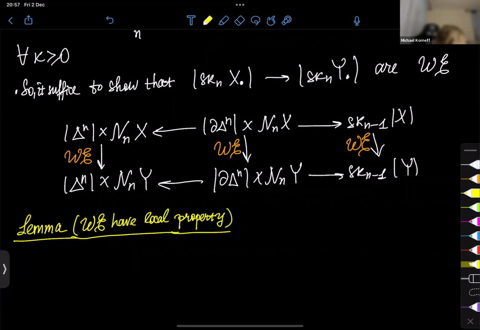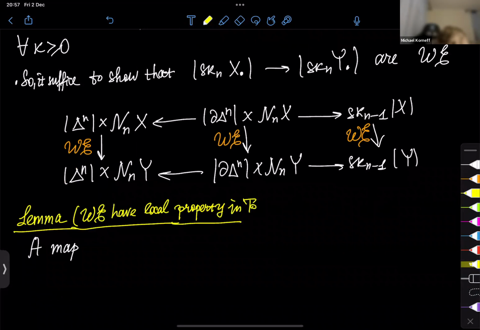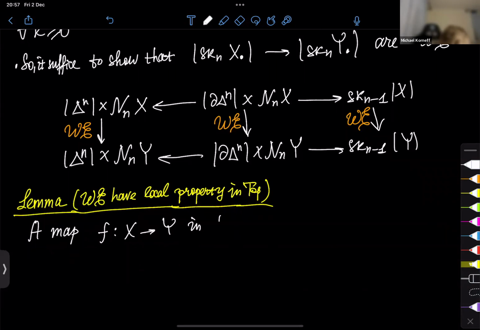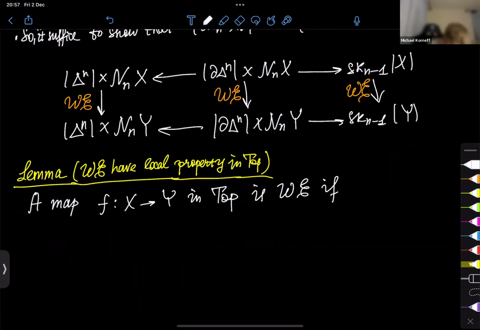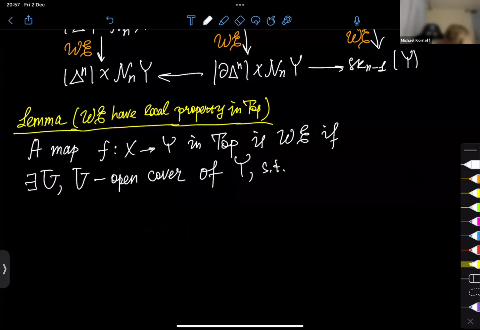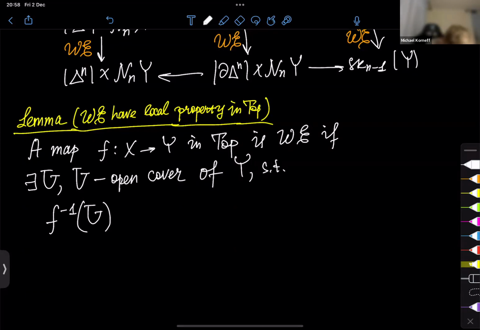The lemma tells that a map f in the category of topological spaces is a weak equivalence if there exist open sets U and V, an open cover of Y, such that the maps are weak equivalences.